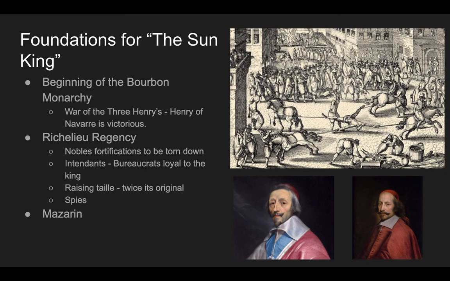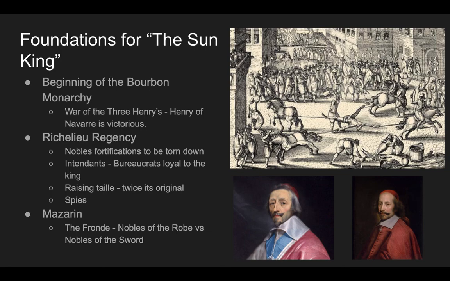Now, Mazarin's going to continue doing a lot of the things that Richelieu did and continue to centralize the authority, but Mazarin's going to find himself with a major issue, and that is a huge revolt of the nobility against all of those policies that Richelieu had set up. Now, particularly the nobility that are known as the nobility of the sword.